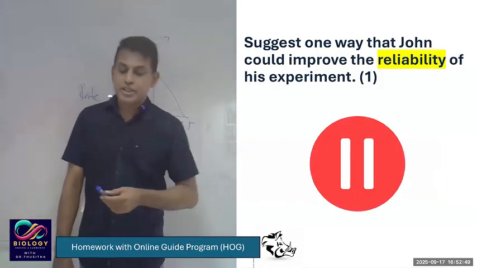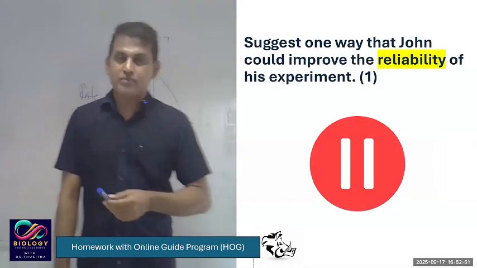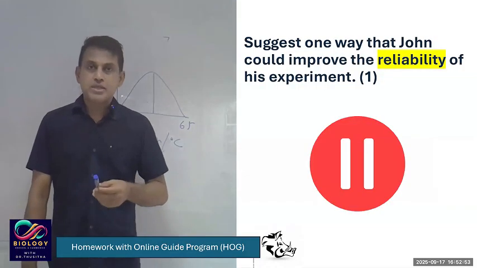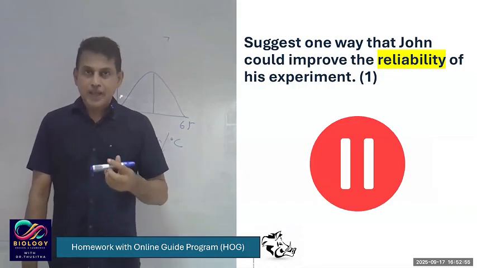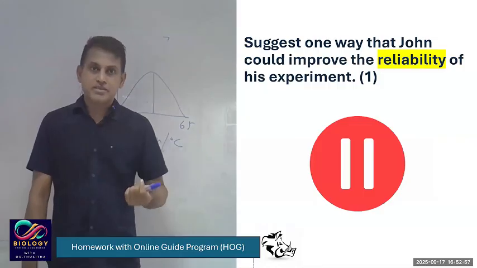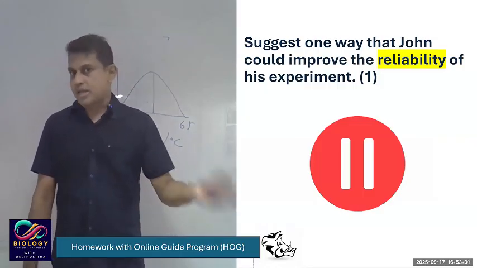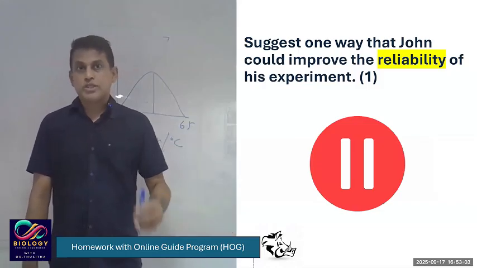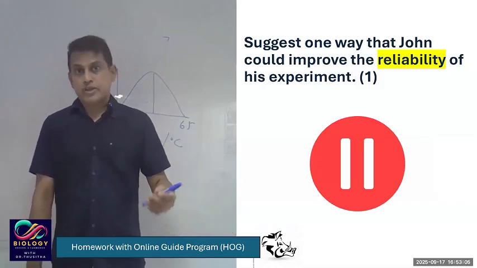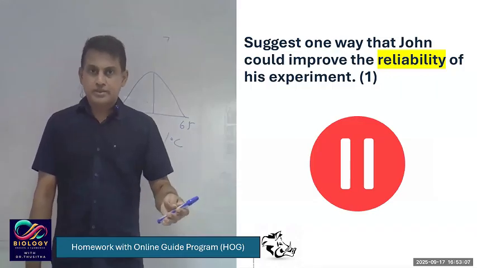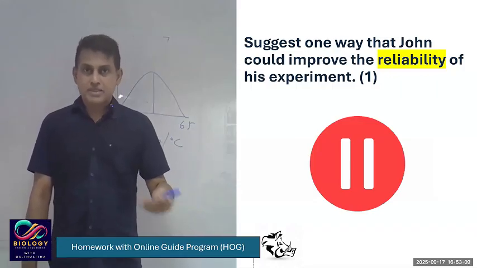Suggest one way that John could improve the reliability of this experiment. Reliability is how reliable the result is in an experiment. You measure one time, maybe something went wrong and your results are wrong. So you measure a second time, then a third time, fourth time, fifth time, sixth time.